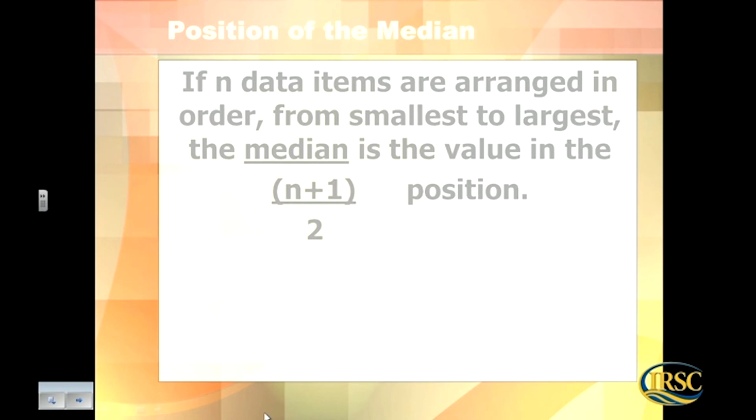So for example, in that last one, we had 6 items, so 6 plus 1 over 2, which gives us 7 over 2, or 3.5. Okay, 3.5, not a middle, right? There's not a 3.5 number in our list. But this tells you that it was an even amount, right? 6. And so 3.5 is between those two middle numbers. So it would be the third and the fourth number in your list is what you're looking for.